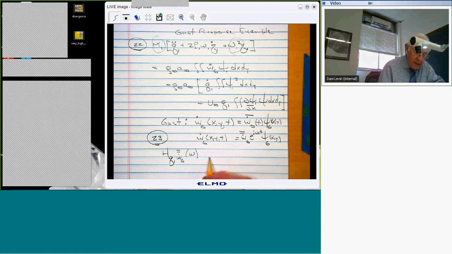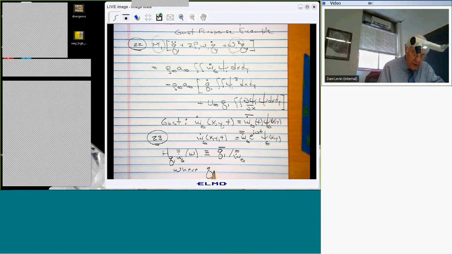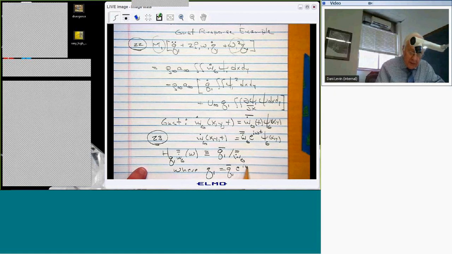So by definition, this is Q1 bar times WG dot double bar, where we're assuming that Q1 also is some amplitude which doesn't depend on anything, i.e. it doesn't depend on space or time, e^(i omega t), right? So this is our definition of the transfer function. Of course, this is the usual assumption for sinusoidal motion.